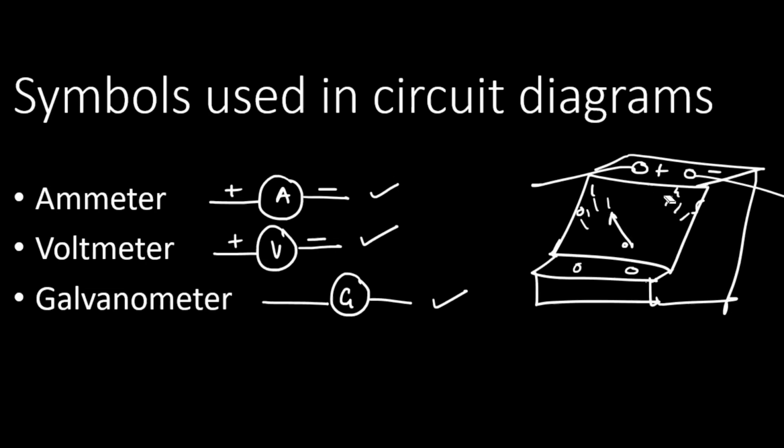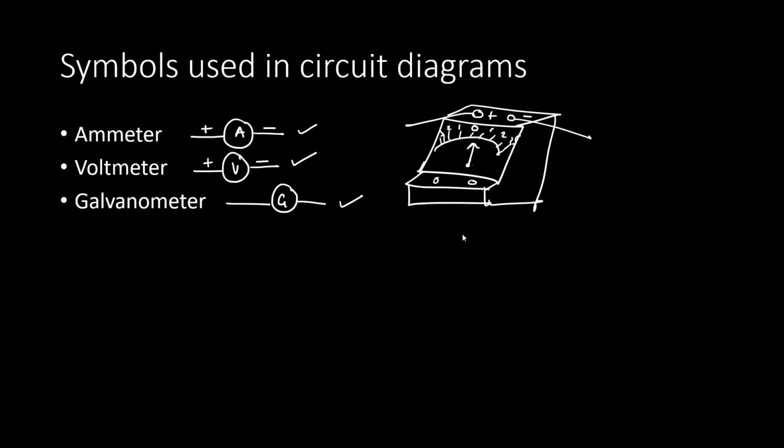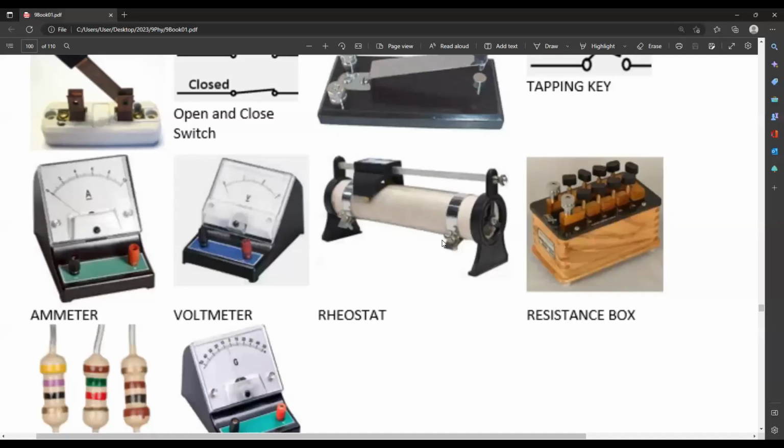But if it is a galvanometer, then in this you have a 0 written over here. Okay, and you will have 1, 2, 3 on either side. So for a galvanometer, the 0 is at the center. So let me just show you.